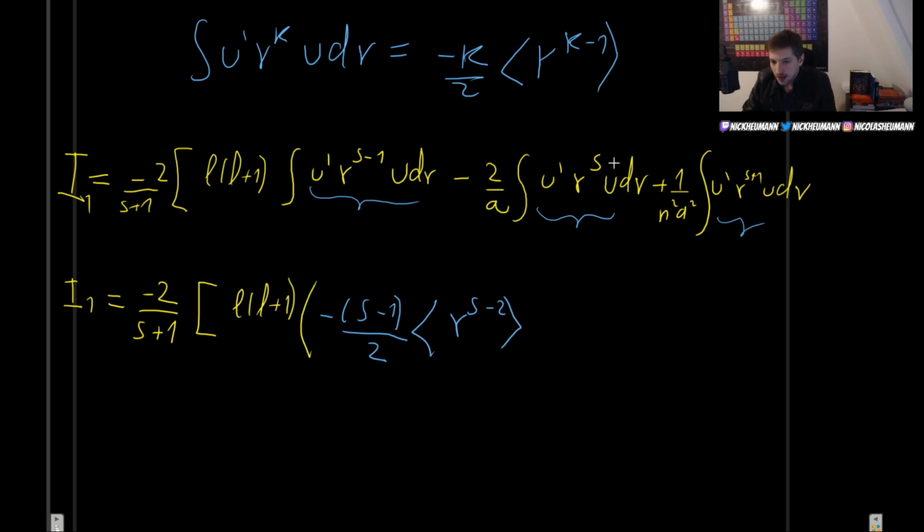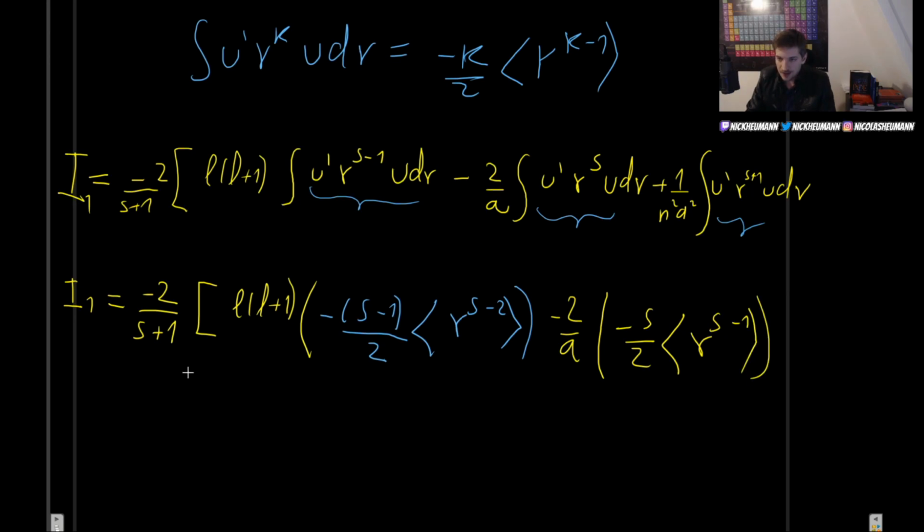Great. Now, what comes next? Then we have this other integral. So that's going to be minus 2 over a. And once again, this time k is simply going to be s. So we get minus s over 2 expectation value of r to the s minus 1.